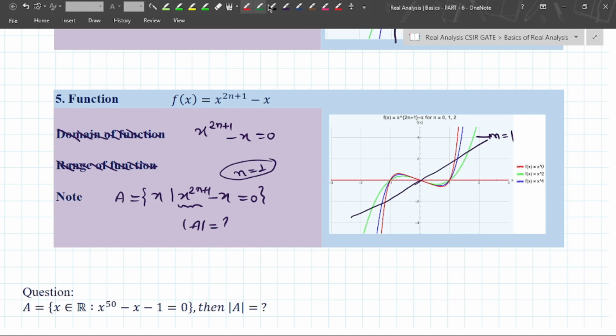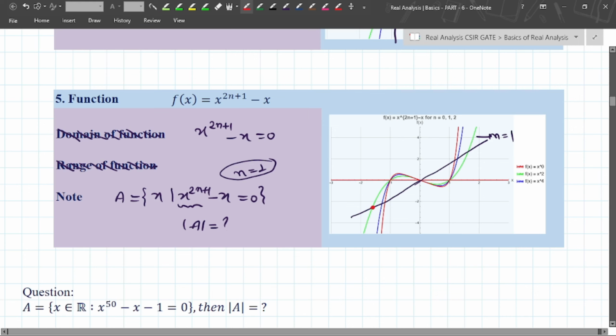Now you can see on how many points it is cutting the green line. It is 1, and here it is intersecting, it is 2, and it is 3. So on 3 points, both are intersecting. It means x cubed equals x. Okay, this is the thing. So the cardinality of this is 3. This is one of the tricks that you can find the cardinality of these kinds of sets.